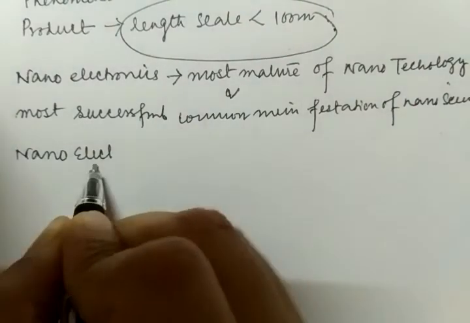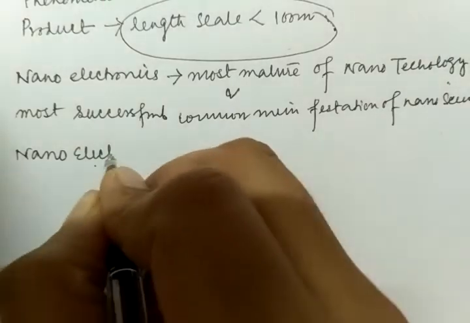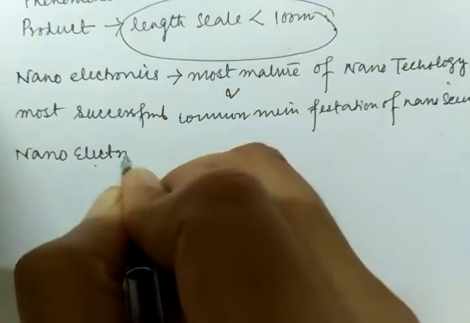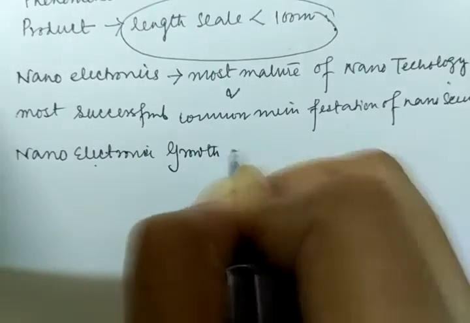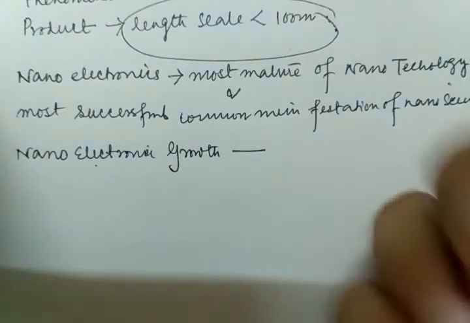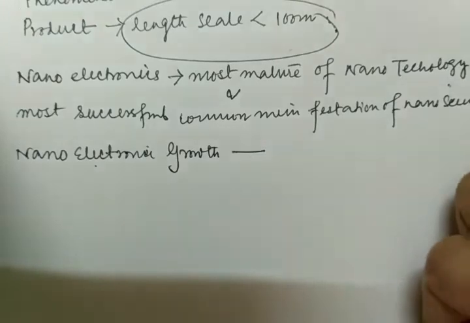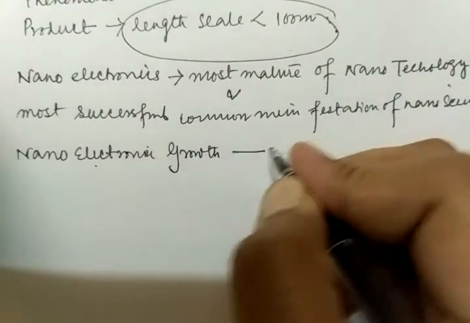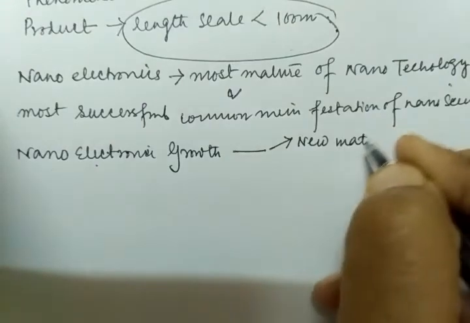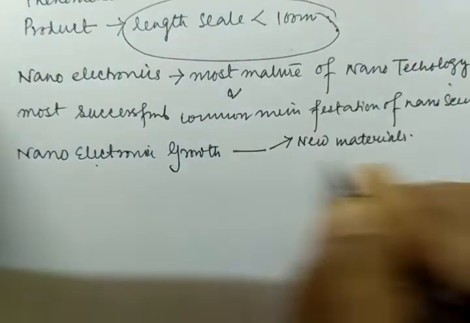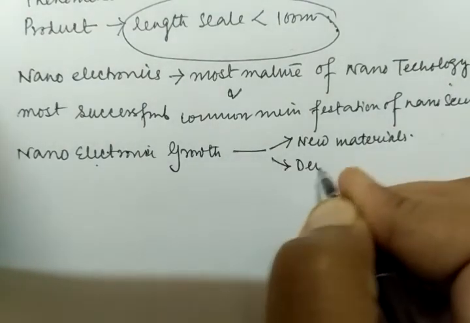So nanoelectronics growth in future is nothing but innovation. And what kind of innovation, where will the innovation be applied? Yes, the new materials and obviously the device structure.